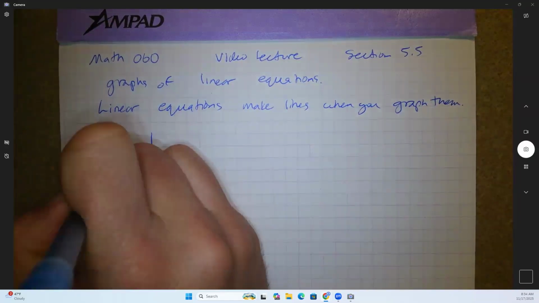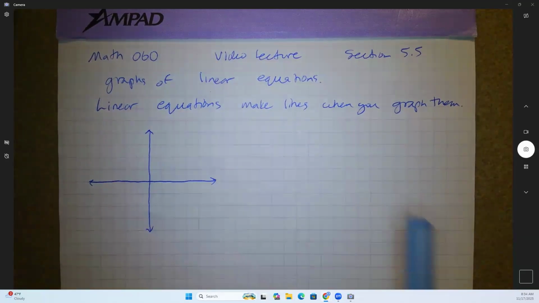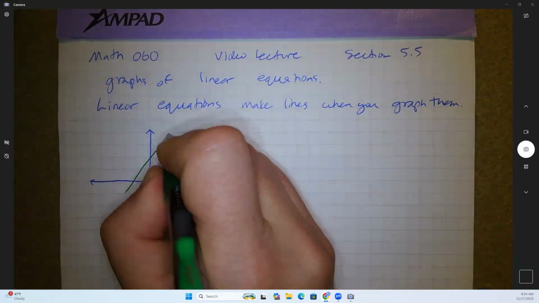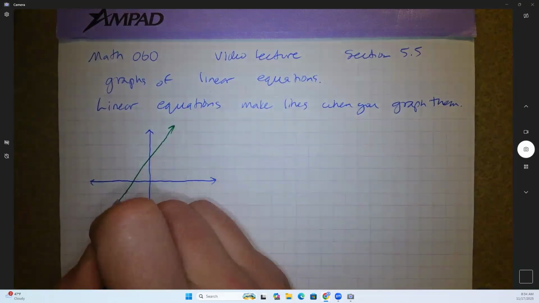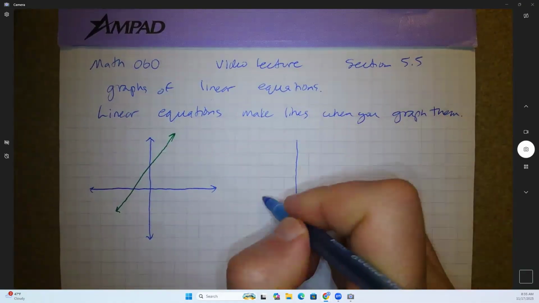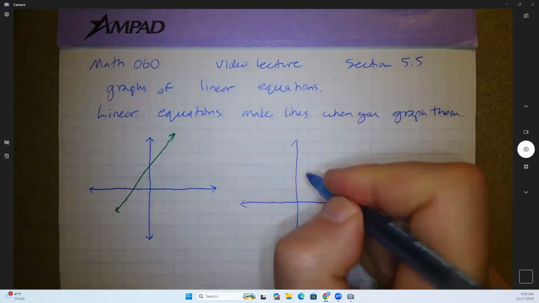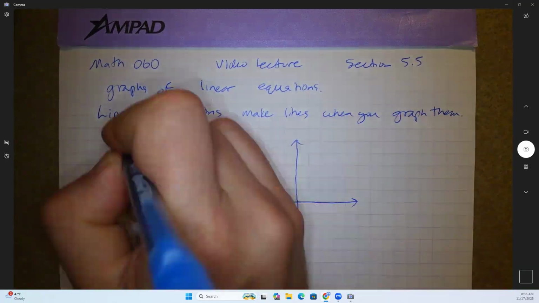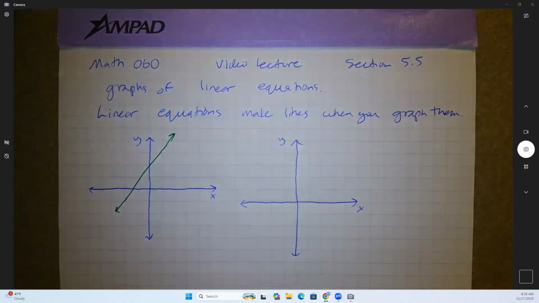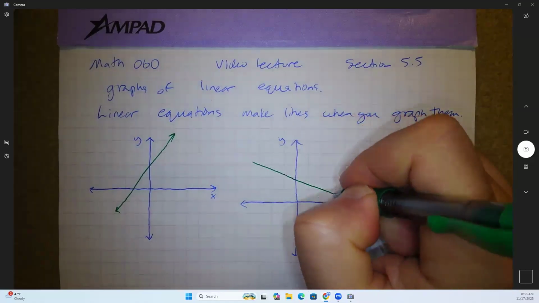Now, to say something makes a line doesn't tell you what direction it's going. You could be going up and to the right. I'm not putting units on here because that's not the focus, just for seeing what those pictures look like. But you could always add units. They could go down and to the right.